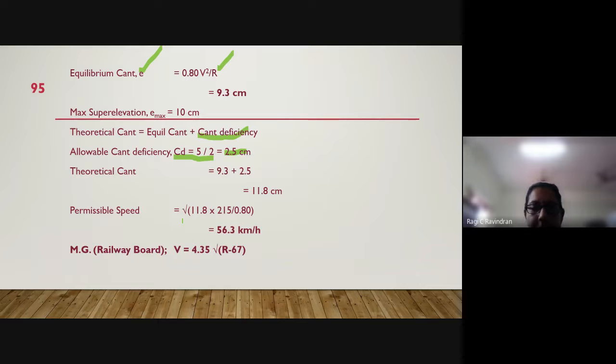And for meter gauge, the Railway Board has given the equation for safe speed; for meter gauge and broad gauge, the equation is not different. You have two equations. Take any of those equations: V is equal to 4.35 square root of R minus 67.